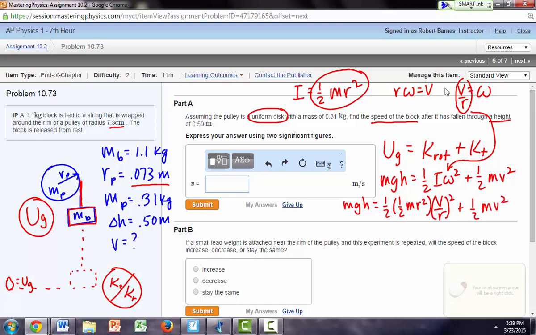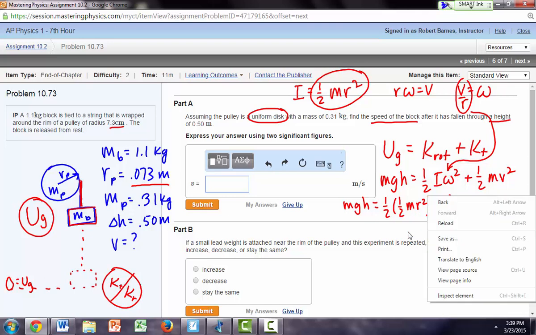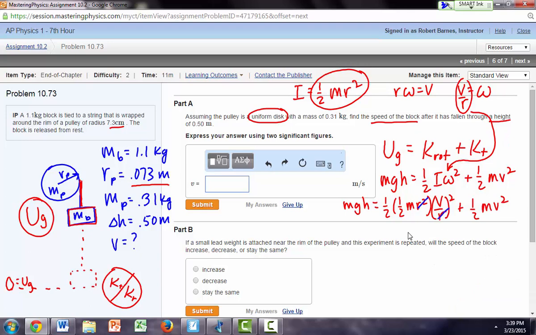Again, just as we saw in the last problem, those are going to cancel out. The m's will all cancel out, and I'll get gh equals 1/4 v squared plus 1/2 v squared. So just like the last problem, I will get 4/3 gh.